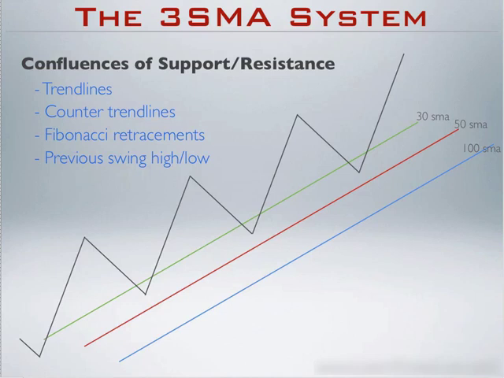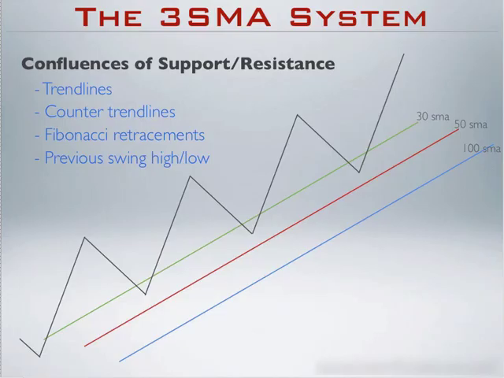I personally like to pay special attention to 4 different elements of support and resistance: trend lines, counter trend lines, Fibonacci retracement, and previous swing highs or lows. Don't you worry, we are going to explain them all in detail.